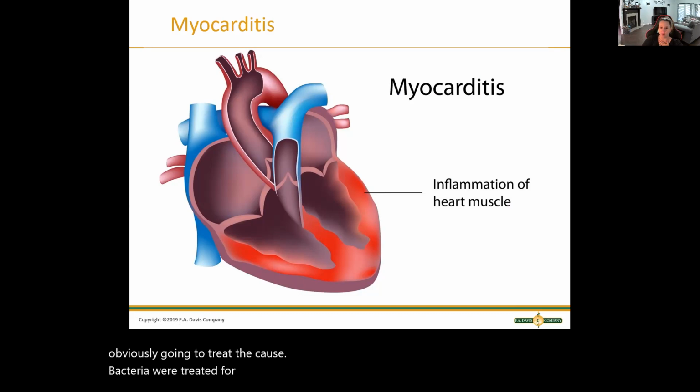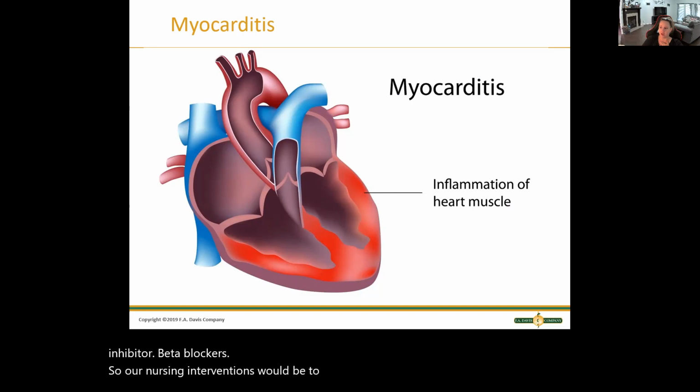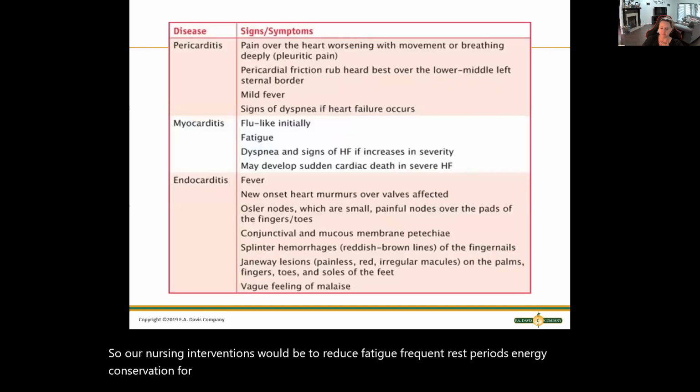We're going to reduce the workload of the heart by putting the patient on bed rest, and treat those symptoms of heart failure. So put them on a diuretic, an ACE inhibitor, beta blockers. Our nursing interventions would be to reduce fatigue: frequent rest periods, energy conservation, put these people on bed rest. It's going to rest that heart muscle.